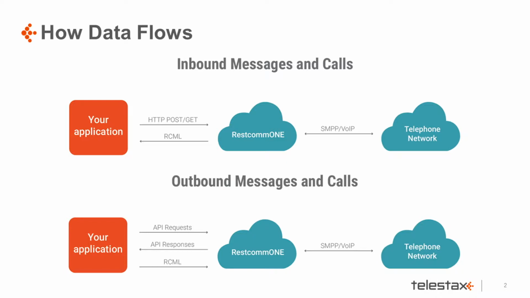And then what Restcom is expecting back is a set of instructions about what to do next. And those instructions could be things like send another message out or do nothing. Doesn't really matter.